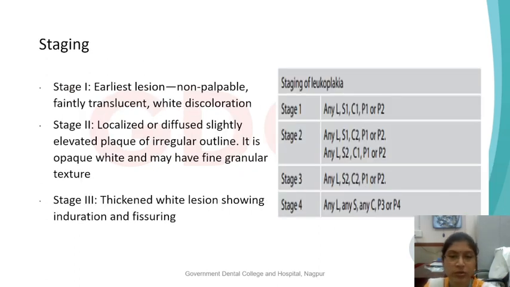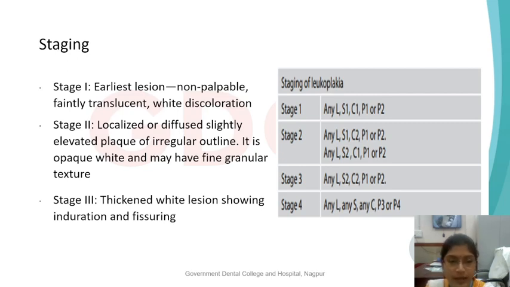So what is the final staging? There are four stages: stage 1, 2, 3 and 4. Stage 1 includes the earliest lesion, that is, non-palpable, faintly translucent white discoloration, between the pre-leukoplakia and leukoplakia. In stage 2, localized or diffused slightly elevated plaque of irregular outline is available.